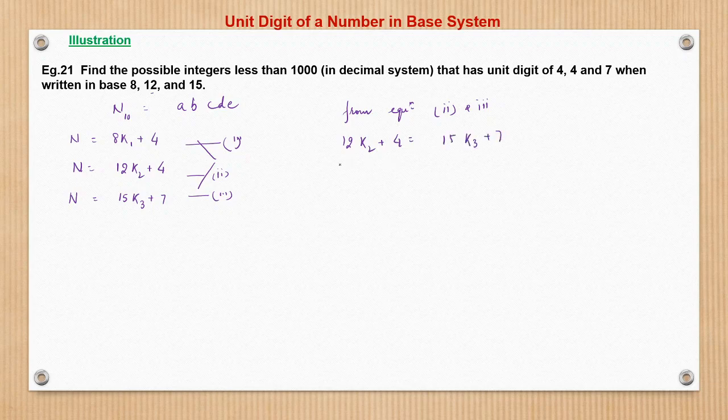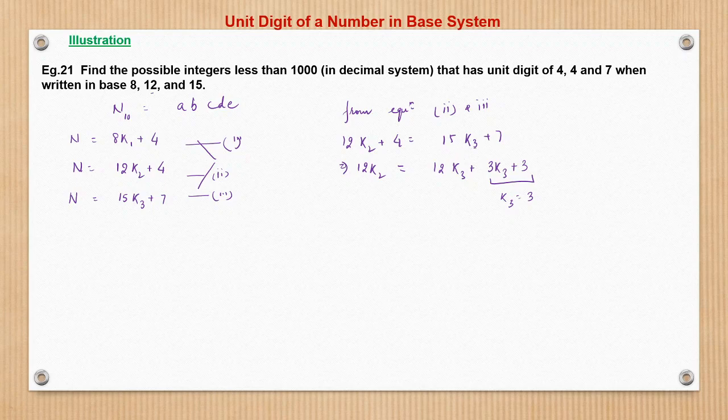This we can further simplify: 12k2 = 12k3 + 3k3 + 3. LHS is a multiple of 12, so RHS must be a multiple of 12. So this term should also be a multiple of 12, right? This will be a multiple of 12 when? Let's equate this term to 12. Then k3 is equal to 3, the smallest value.